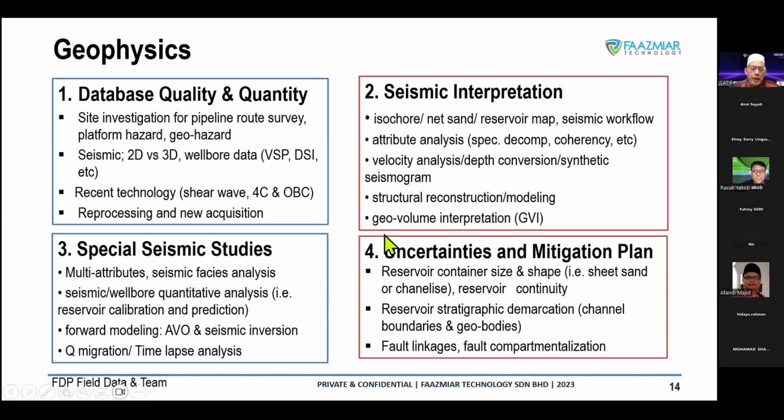Okay. And then, of course, the uncertainty and mitigation plan: reservoir container size, shape, and so on, reservoir stratigraphic channeling. Because sometimes if it's a simple reservoir like an anticline, it's easier. If it's like a stratigraphic trap, it's much easier. But in most cases where we're talking about the deltaic environment or the near shore environment, we always have a combination of good sand, bad sand, some shale, some clay coming in.